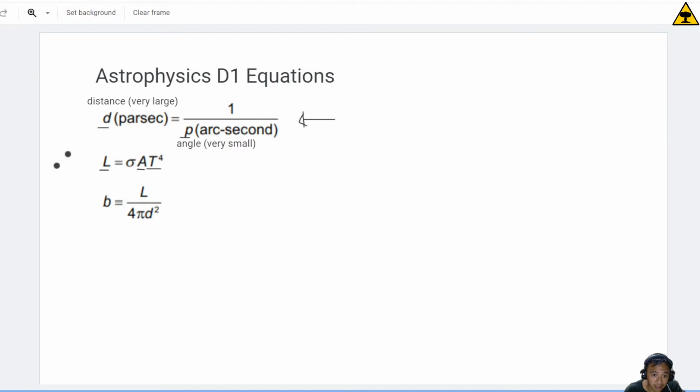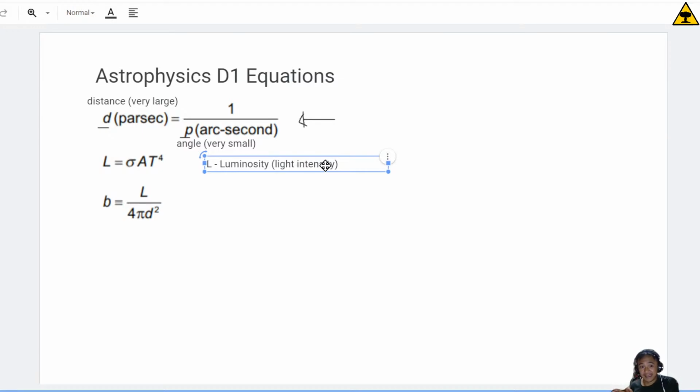So the first one, L, is luminosity, correct? Basically, you can just think of this as light intensity. The reason why I prefer calling it light intensity is simply because in Topic 8, it's exactly what it's defined as.